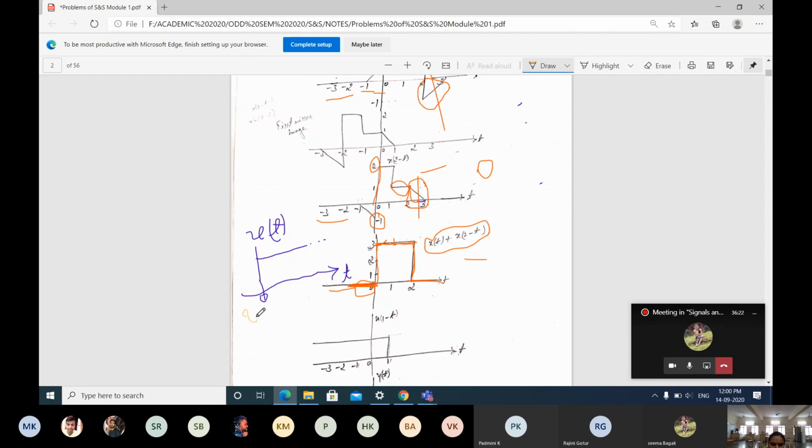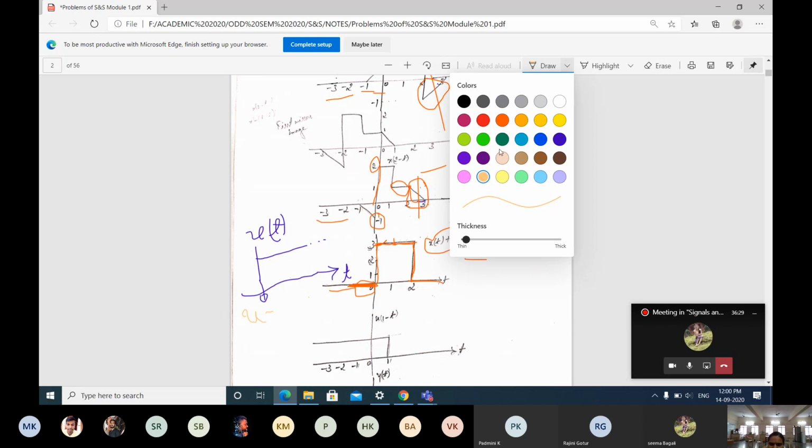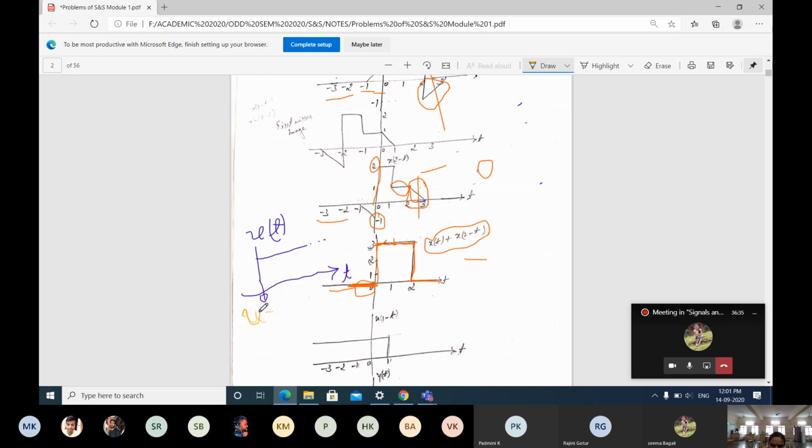First u of minus, I will take the darker one. U of minus, if I take common, what I will be getting here? T minus 1 signal, right?